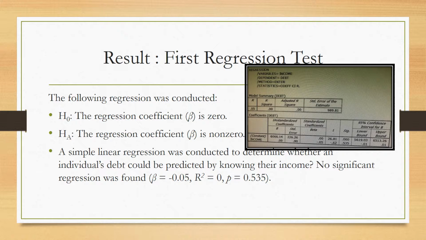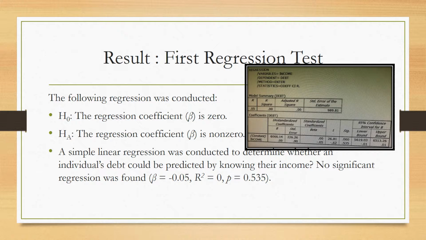Let's see the result. Here the p value is greater than 0.05 as a standard, which means the test is not significant. R square is equal to 0, which means there is no relationship between the debt and their income.